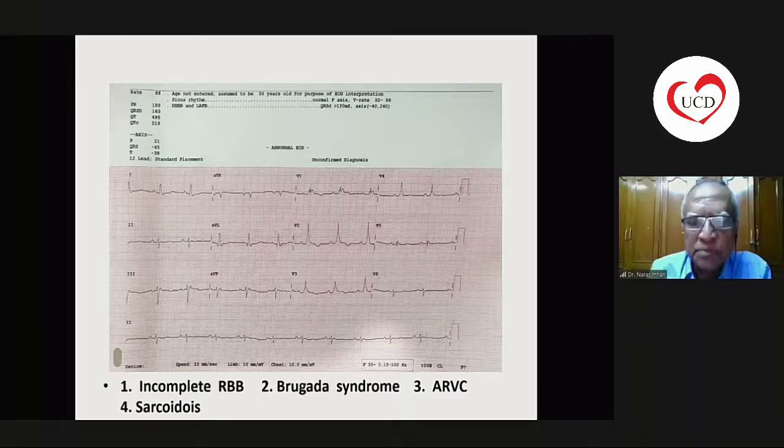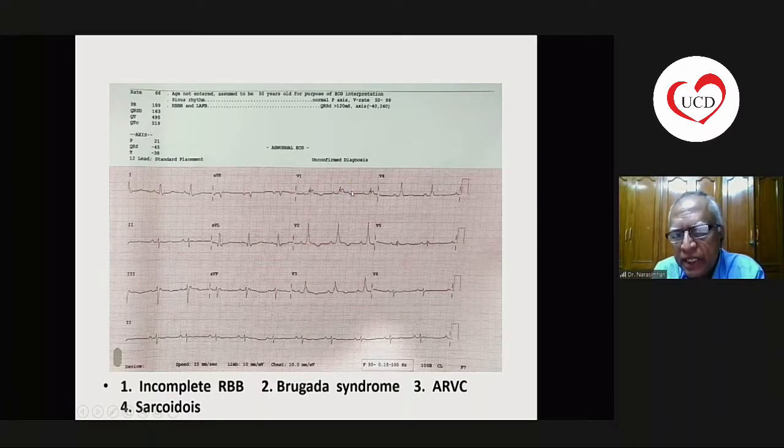Okay. Now, the most important thing we should understand is that in a right bundle branch block, the initial activation is unaltered, left to right of the septum, and the RV activation is unopposed, and that is inscribed by the R prime. When you see an R prime, it should be taller than the R in a typical right bundle branch block.